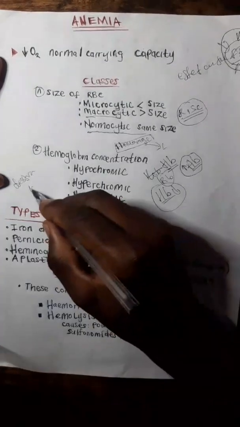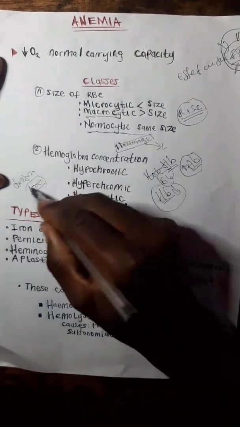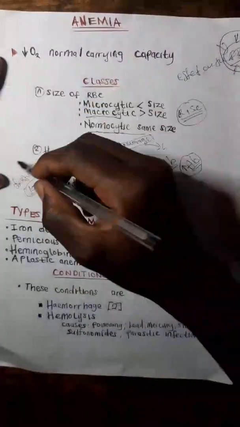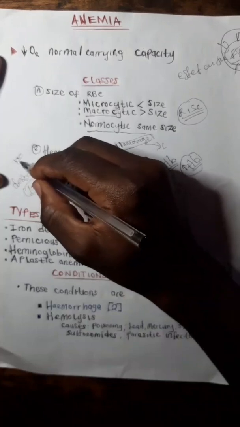Let's say there are 1,000 red blood cells in the body, and then the spleen destroys 100.